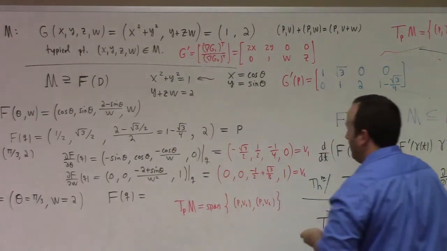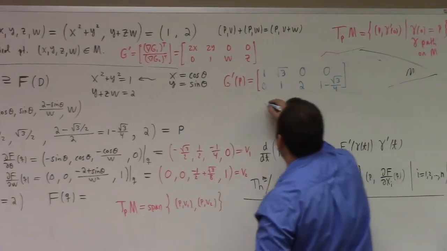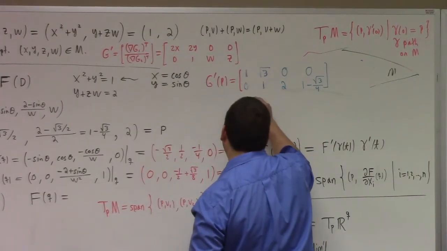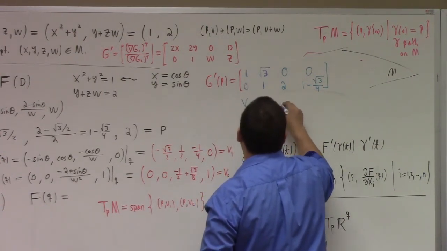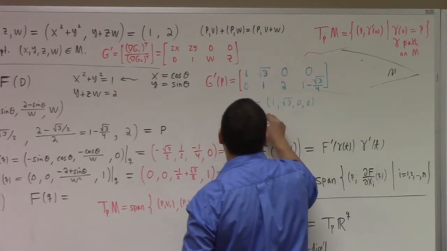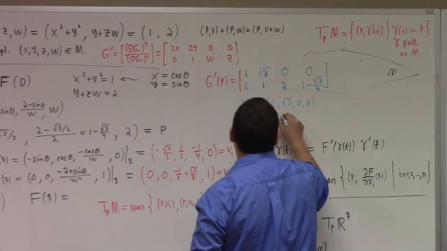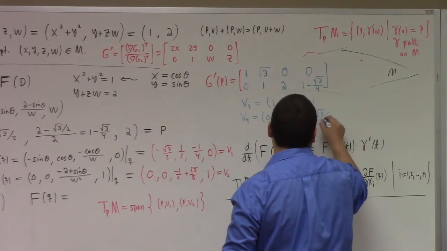Okay? So V3 equals (1, root 3, 0, 0). V4 equals (0, 1, 2, 1 minus the square root of 3 over 4).